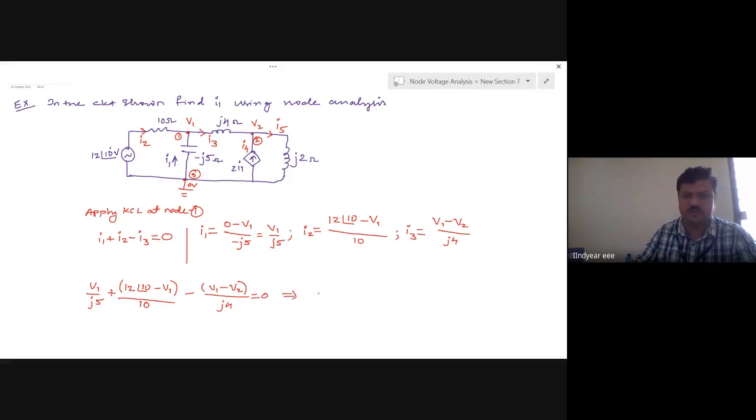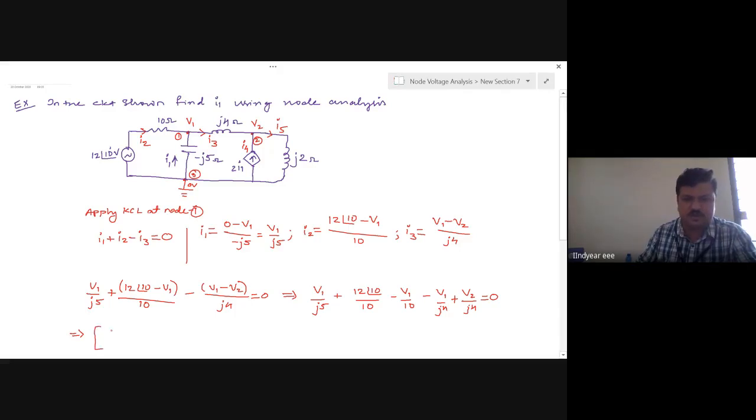Now simplify it. V1 by J5 plus 12 at an angle 10 divided by 10 minus V1 by 10 minus V1 by J4 plus V2 by J4 is equal to 0.